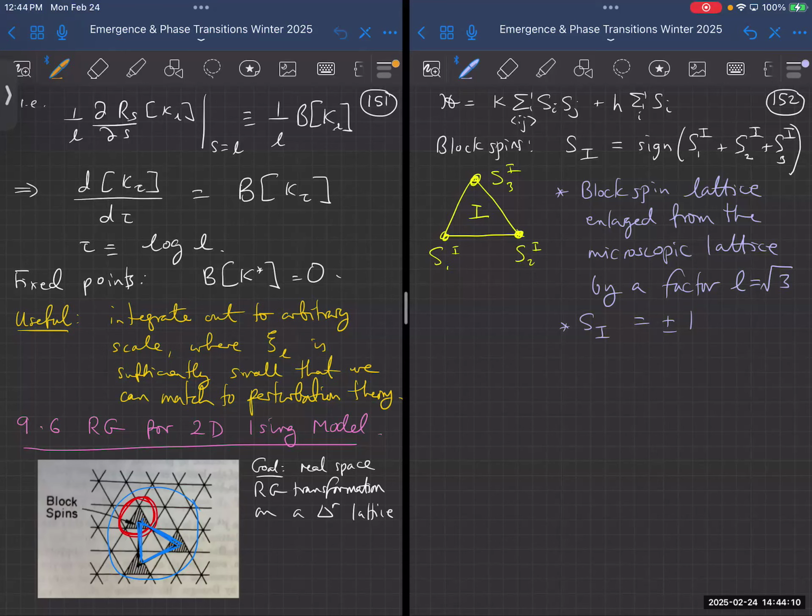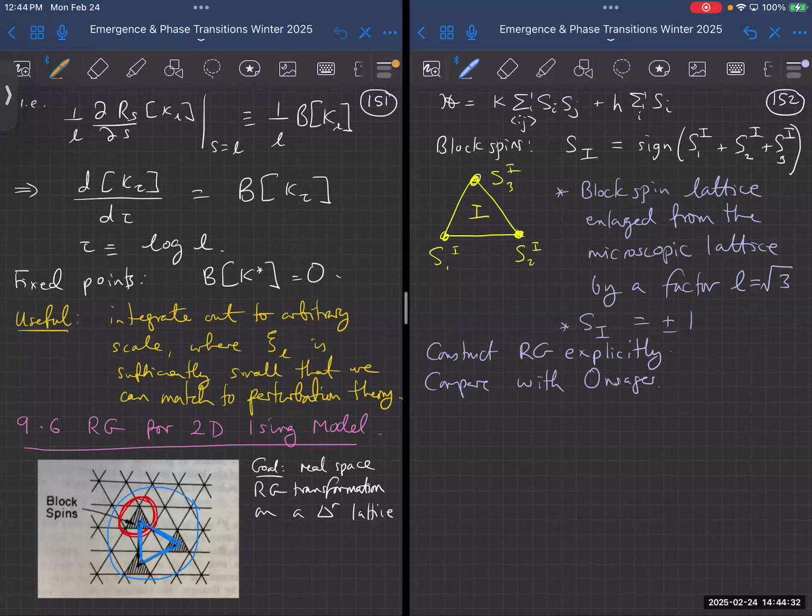So what we're going to do now is construct our renormalization group transformation explicitly. I'm literally going to compute it, and then we're going to compare with Onsager.